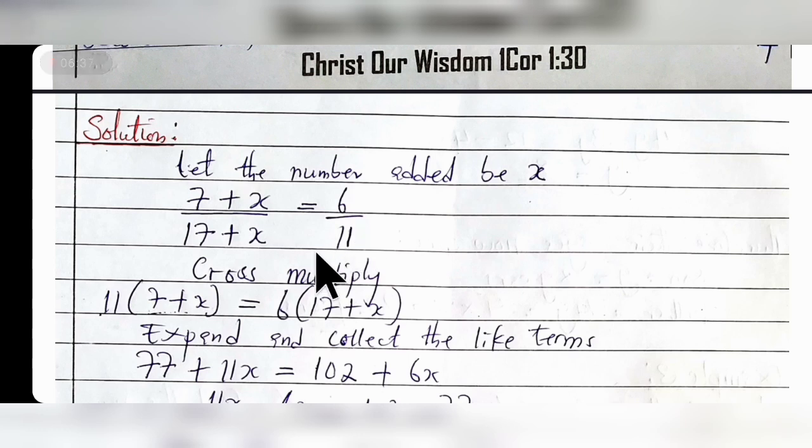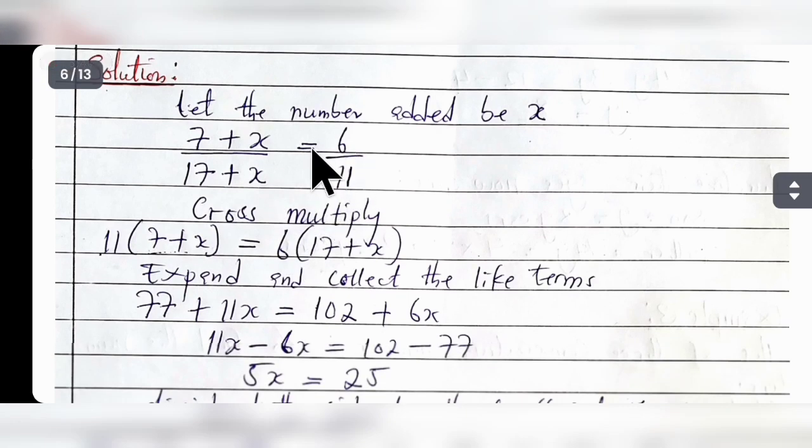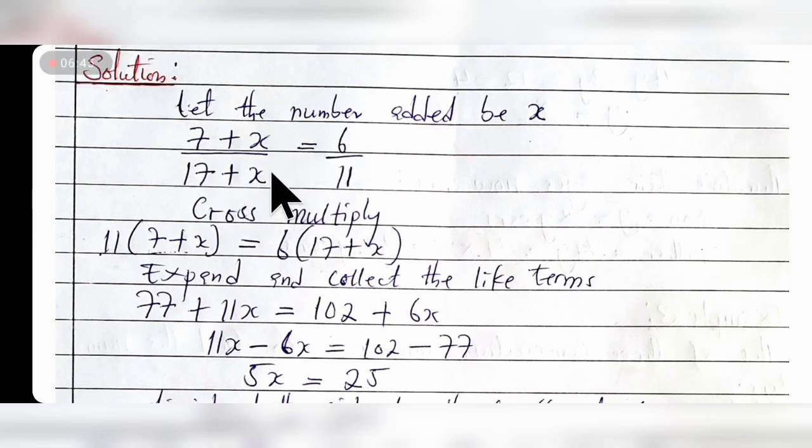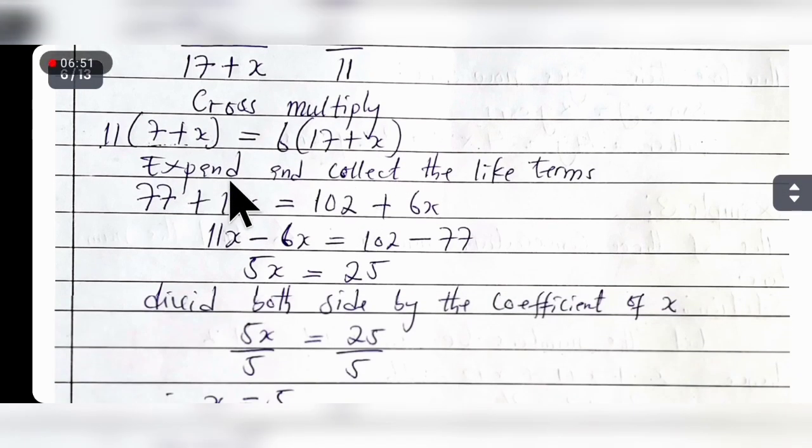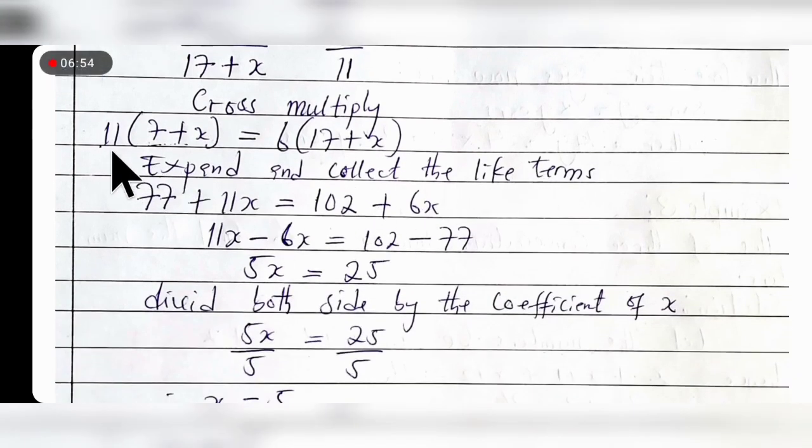So 6 over 11. You cross multiply. 11 will multiply the whole of this, and 6 will multiply the whole of this. So 11 times the whole of this, and 6 times the whole of this. You expand and collect the like terms. 11 times 7 is 77, plus 11 times x is 11x; 6 times 17 is 102, plus 6 times x is 6x.